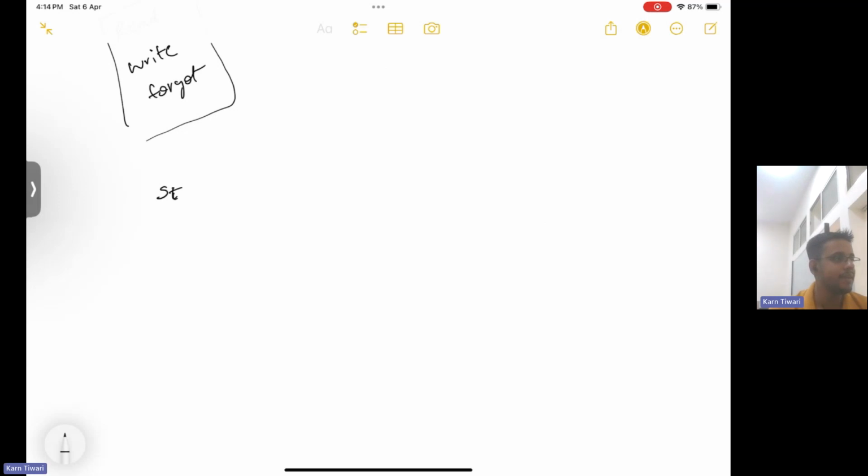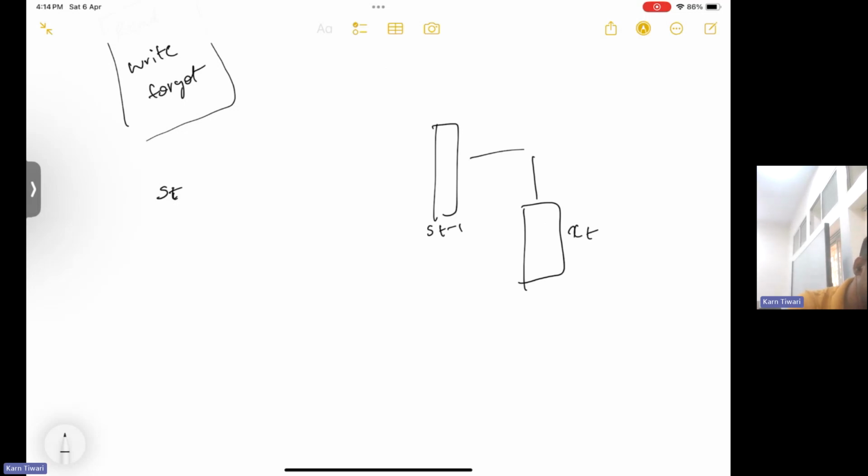I want to selectively read, selectively write, and selectively forget the data. This is my input at the current time step, and this is my previous state, s_t minus 1. I want to compose these and give an output, the next representation s_t, which will be used in the next consecutive steps.